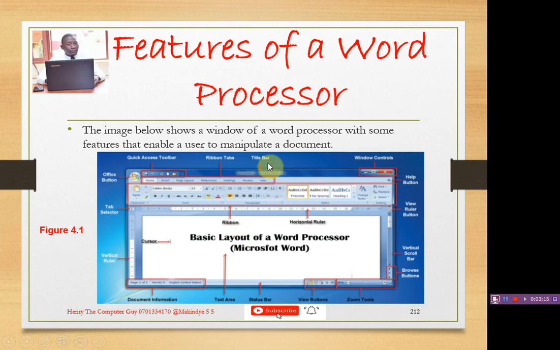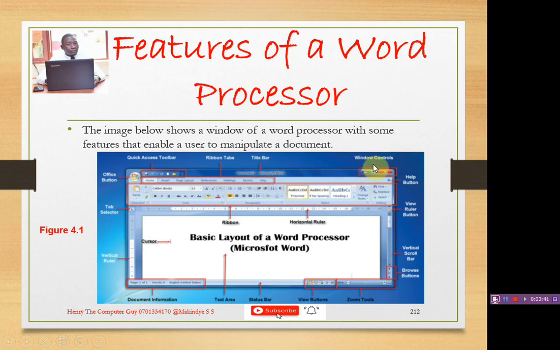Then we come to what we call the title bar. This lies next to the quick access toolbar and it displays the title of the current open document. For example, when I name my document, the name will come here, acting as our title. So whenever you name your document, the name will come on the top here and that will be the title bar.